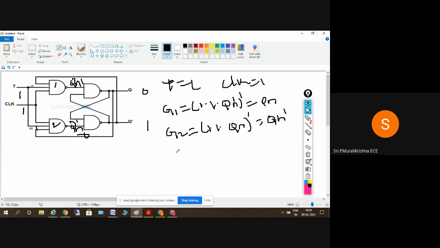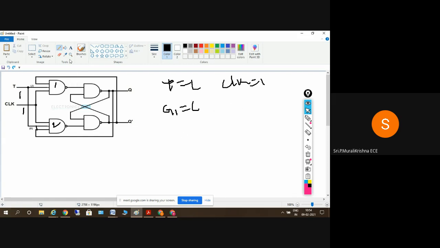The meaning of this is I'm getting a toggle state here. So when T is equal to 1, I'm getting Q bar of n. So for T equal to 0, I'm getting Q of n, and for T equal to 1, I'm getting Q bar of n.